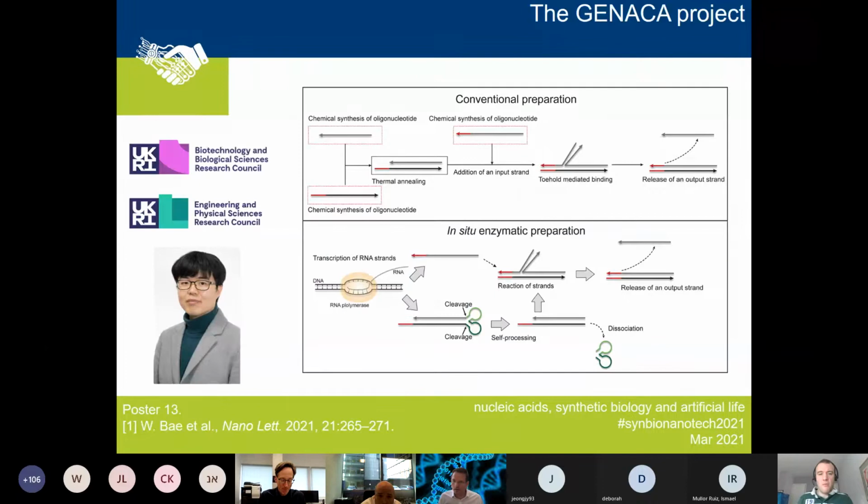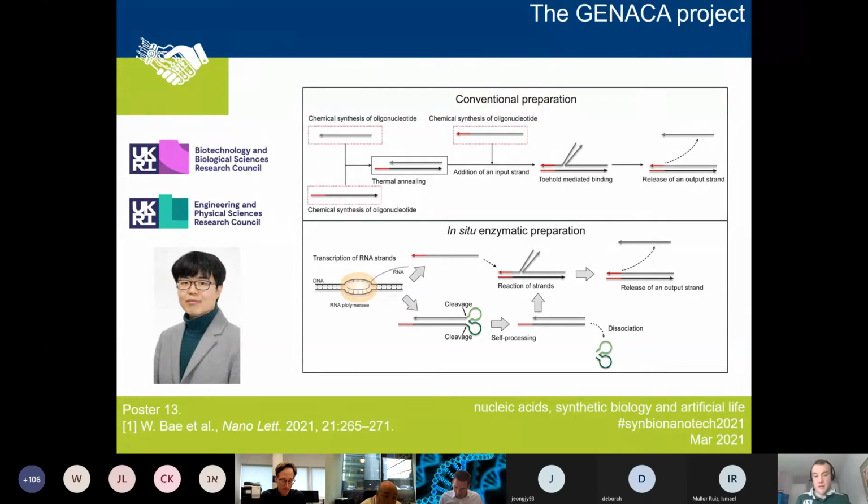So we submitted a grant to try and get around this problem, and our idea was to build multi-stranded gates via transcription. We would transcribe a single strand that folded into a hairpin and then chopped itself up using self-excising ribonucleases and self-nicking strands, basically, and produced complexes on the fly that could be used as these strand displacement gates.